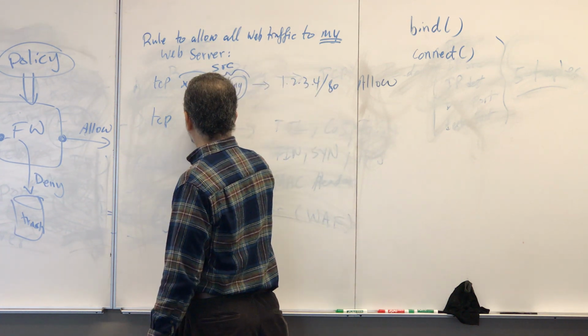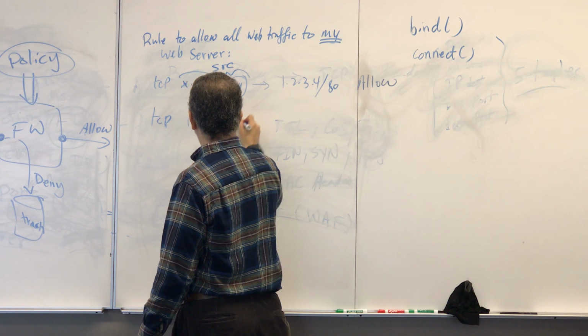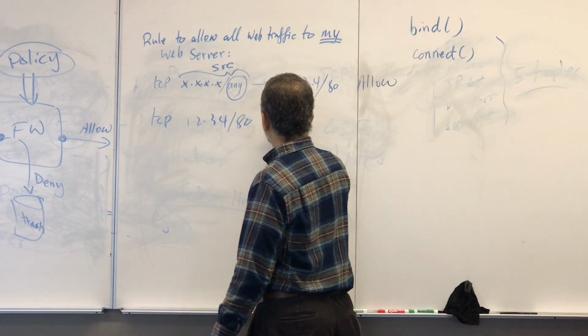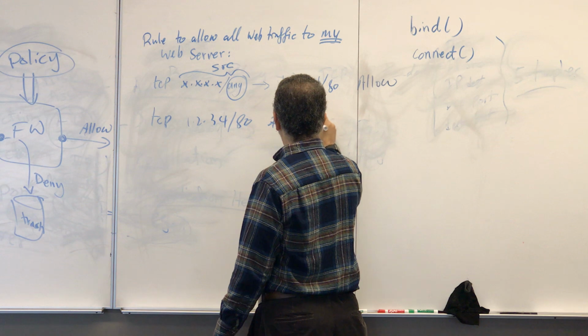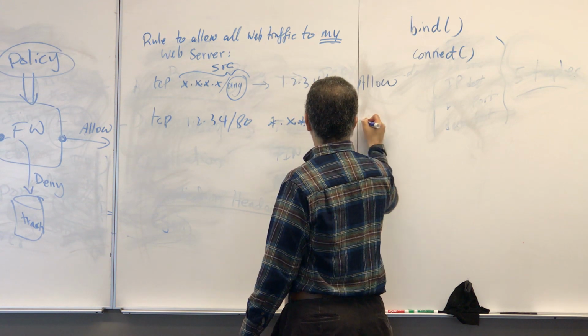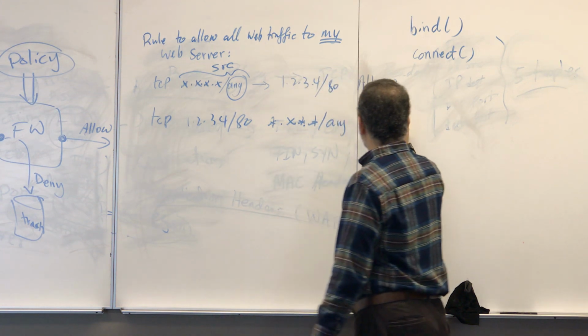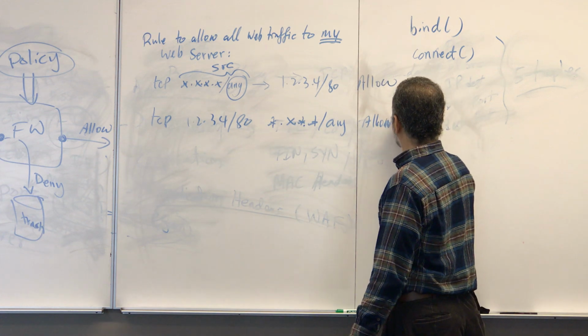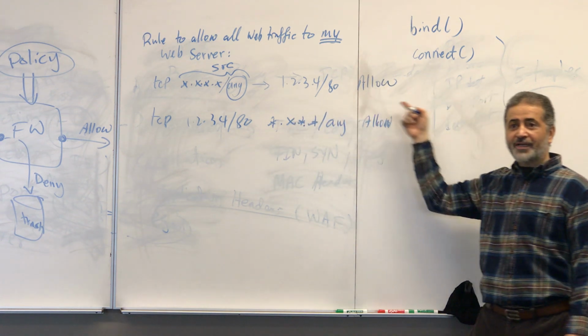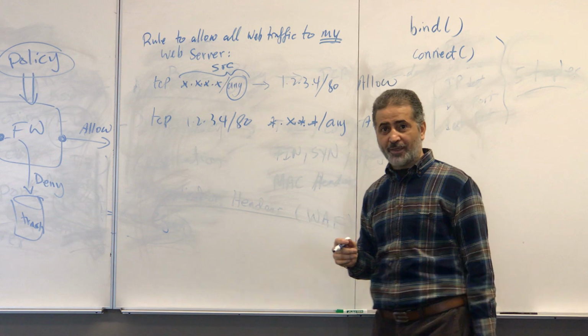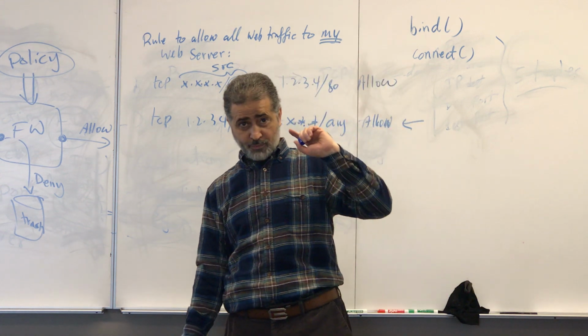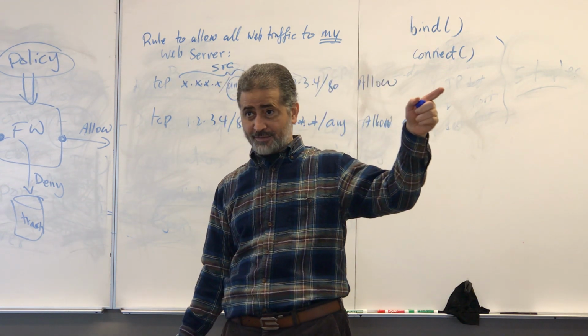In this case it will be 1.2.3.4, port 80, to any, allow. Without this rule, you only allow traffic coming in, and the server traffic going outside will be dropped, will be denied.